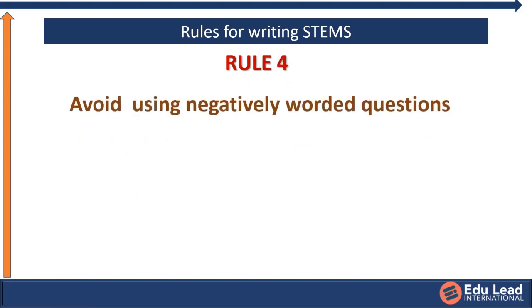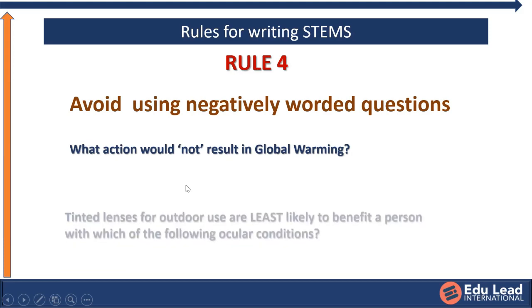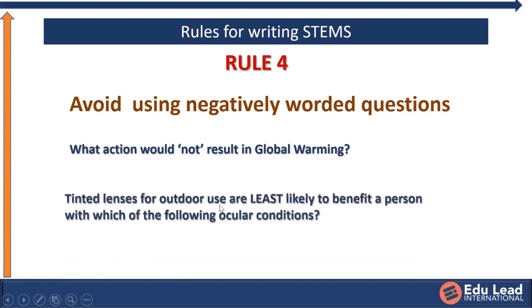Rule number four is avoid using negatively worded questions. Now, there's a lot of research which has gone into these negatively worded questions, and it has been found that students find it really difficult to catch the negative orientation of the question, or they find it difficult to work through the language when the question is negatively framed. So a question like, what action would not result in global warming, or tinted lenses for outdoor use are least likely to benefit a person with which of the following ocular conditions?